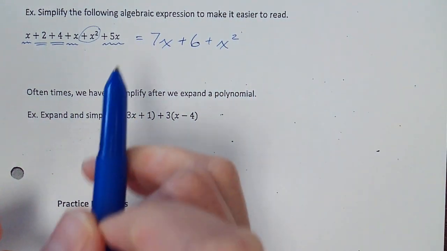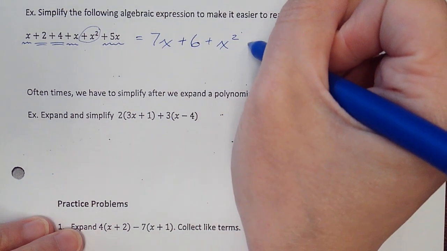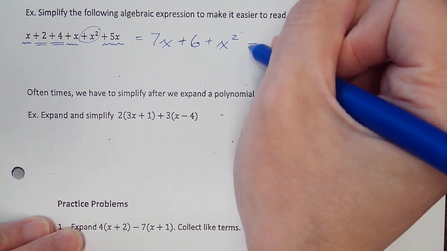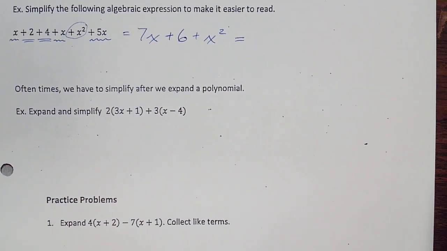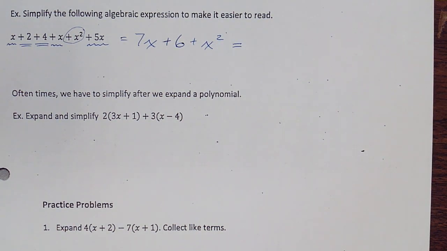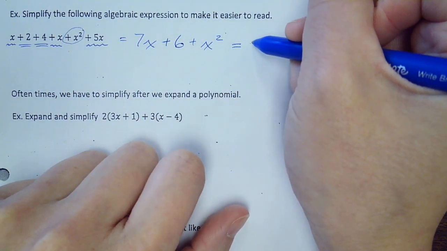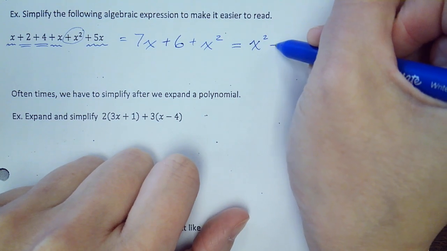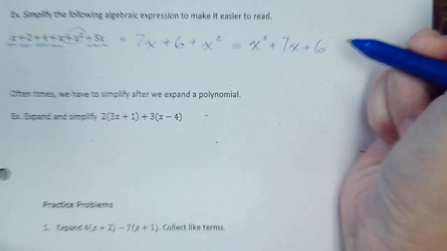So for the past 2 days, this is what we did. But I'm going to change it up a little because now I'm going to write it in a proper order. So this is not a good order of how I wrote it. What's the proper order? Maria? Usually the exponents with a power first, then the exponents without a power, and then the numbers that don't have exponents. Yes.